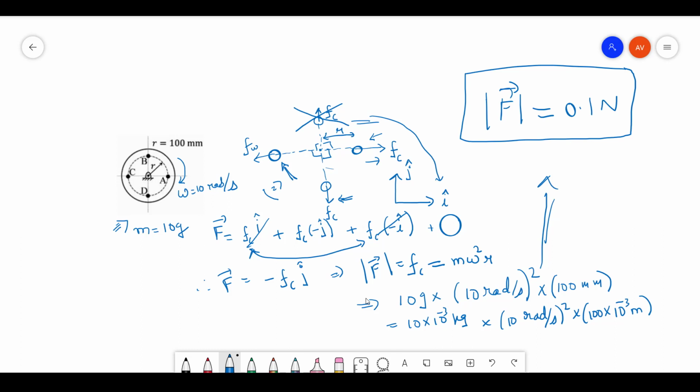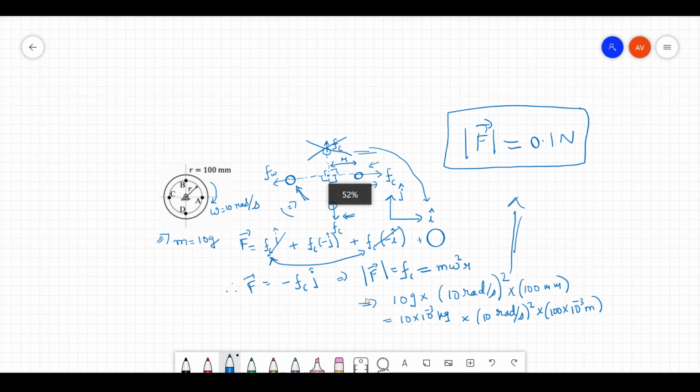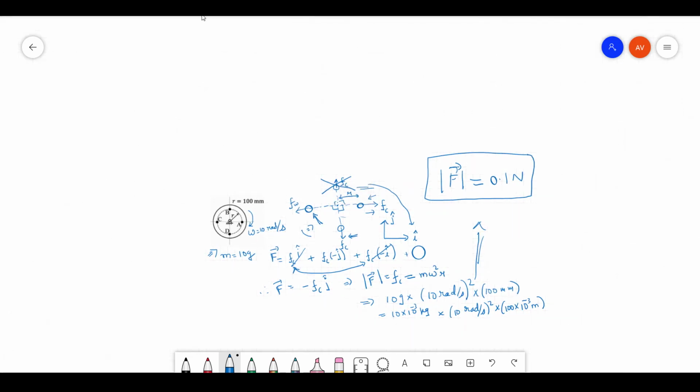Let me talk a little bit more about this. As you can see, your system had four masses, and you already knew the force directions.